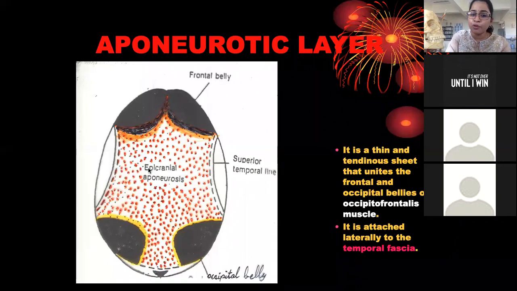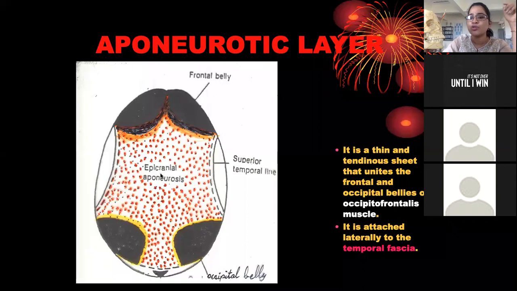Since this aponeurosis is above the vault of the skull, it is called the epicranial aponeurosis. What is it called? Epicranial aponeurosis. Epi means above, cranial means the skull. So this aponeurosis is called the epicranial aponeurosis.